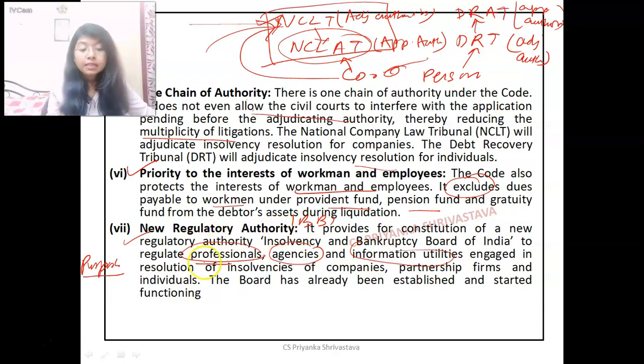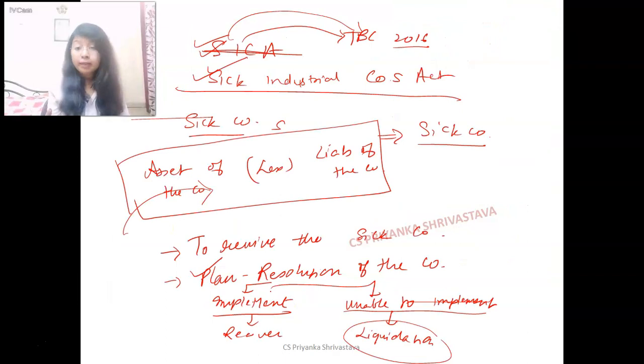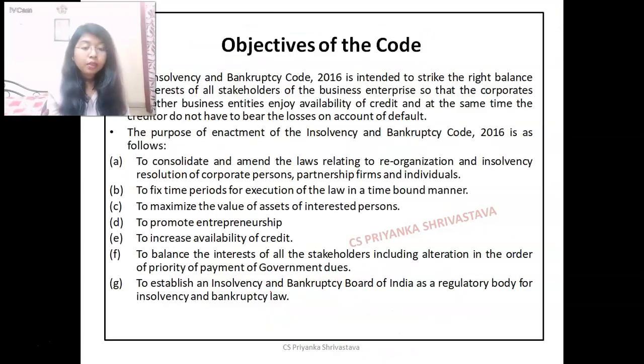These all people are engaged in the resolution of insolvencies of companies, partnership firms and individuals, and the board, that is IBBI, has already been established and has started functioning. So it is currently running. You can even explore the website of IBBI for better practical knowledge.